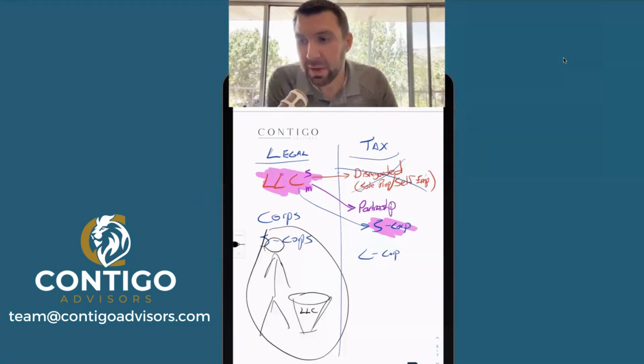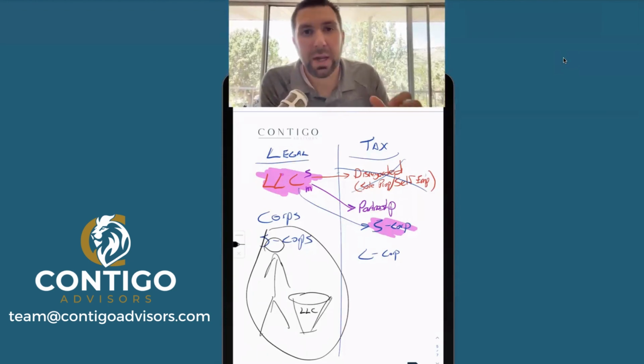A lot of LLCs that people are using just to hold real estate, sometimes they don't even file the SS-4. The legal entity still exists, but it has no EIN, no federal ID number. You file that SS-4 to get the EIN, and that is sort of step one, so that I can operate and open a bank account. You'll need that to open a bank account.